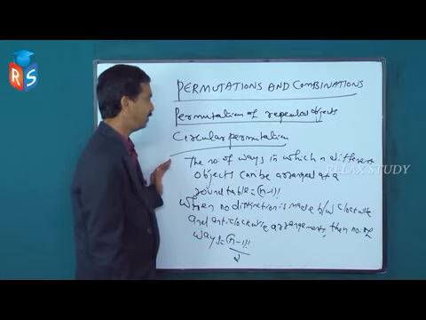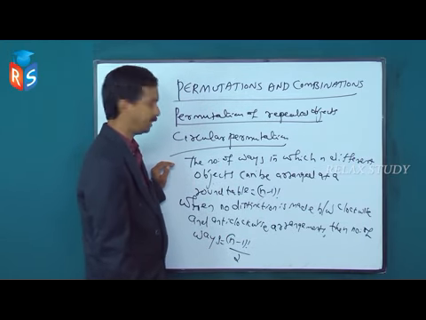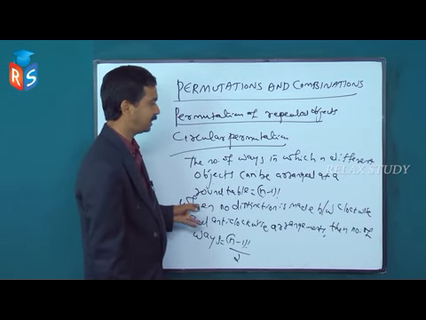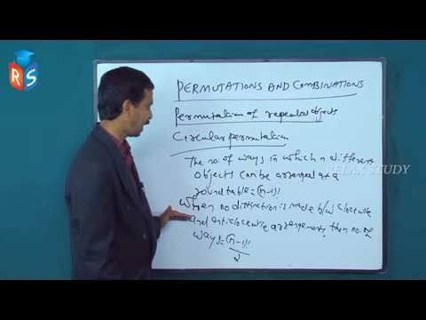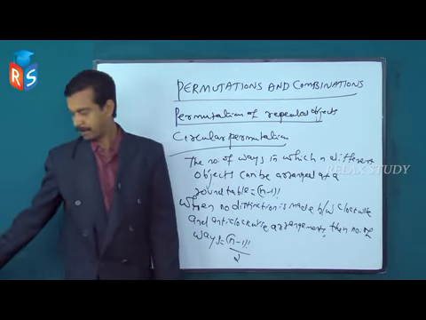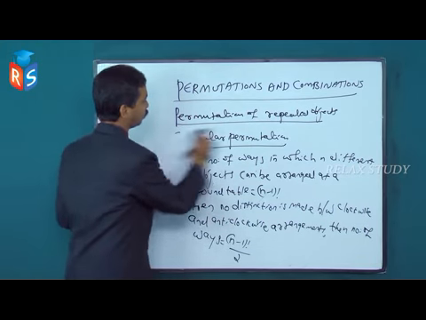The number of ways in which n different objects can be arranged at a round table equals n minus 1 factorial, and when no distinction is made between clockwise and anti-clockwise arrangements, then the number of ways equals n minus 1 factorial by 2.